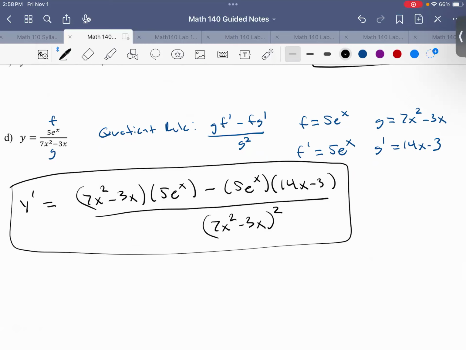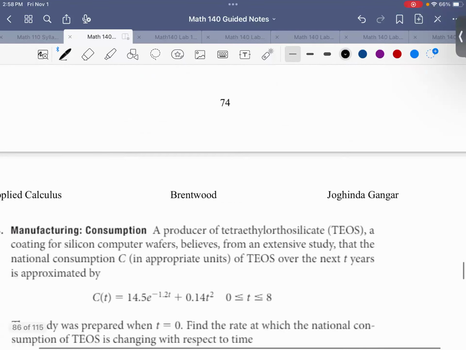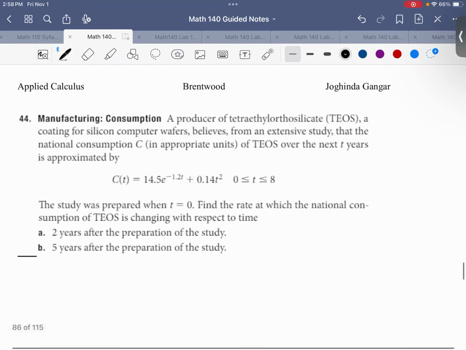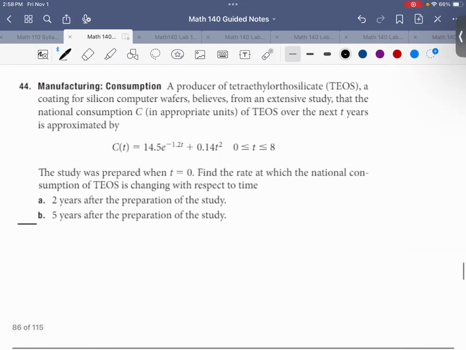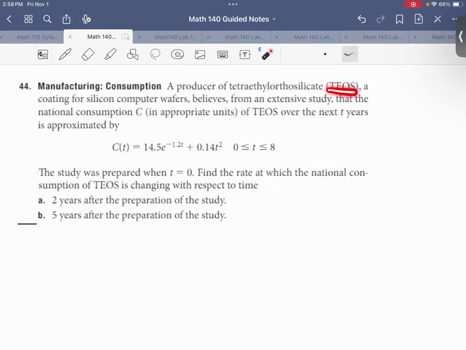So now let's go ahead and look at an application problem to finish up this material. And so it says the producer of TEOS, a coating for silicon computer wafers, believes from an extensive study that the national consumption C of TEOS over the next T years is approximated by this function here.